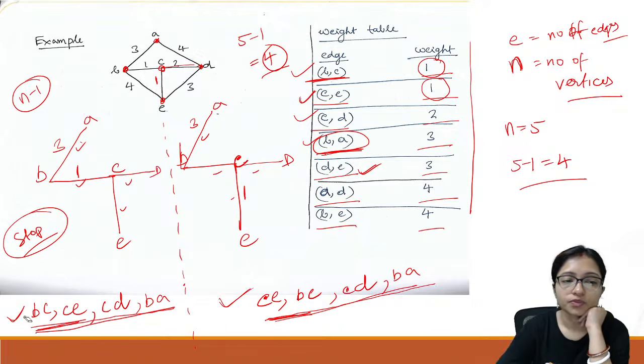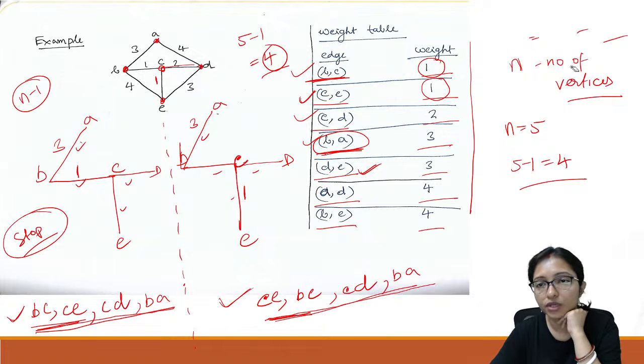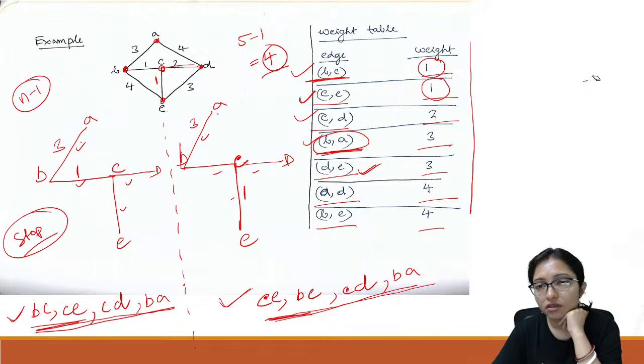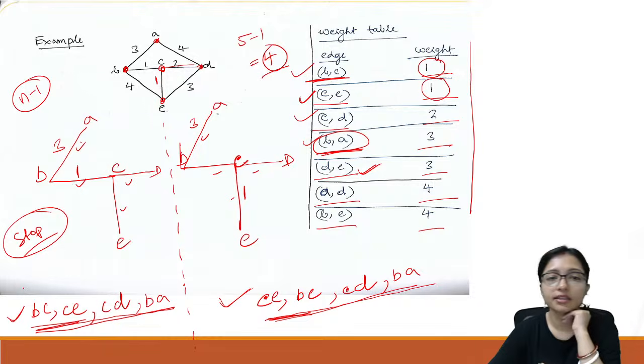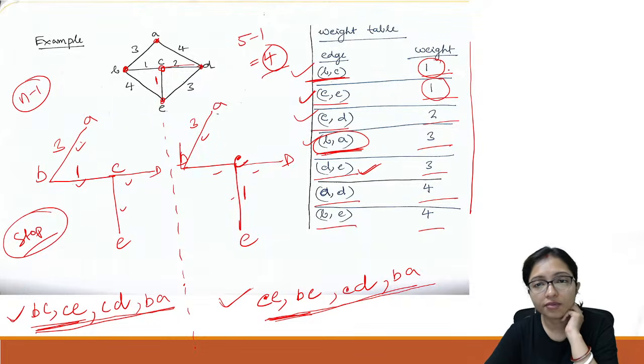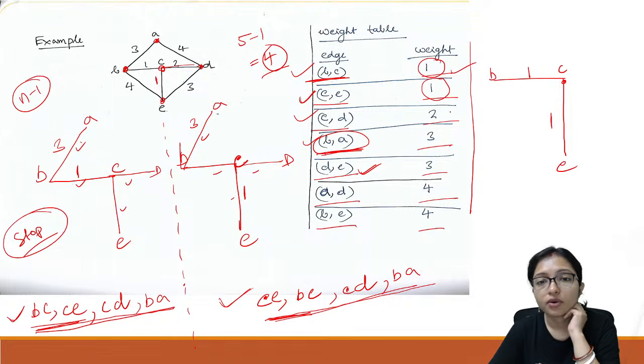There are so many possibilities. First of all, I am taking maybe BC. BC is 1. Then after that I am taking CE. CE is also 1. Now after that next one is CD.